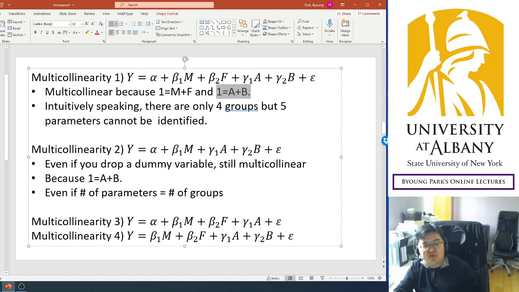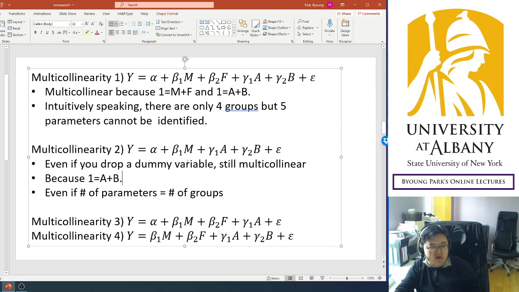Another thing you need to realize is that in this case, it looks fine because there are 4 parameters, alpha, beta, gamma 1, gamma 2, and 4 groups. They look okay, but actually not. Those 4 parameters are not correctly capturing the groups. I will show you what the problem is and the correct model later.